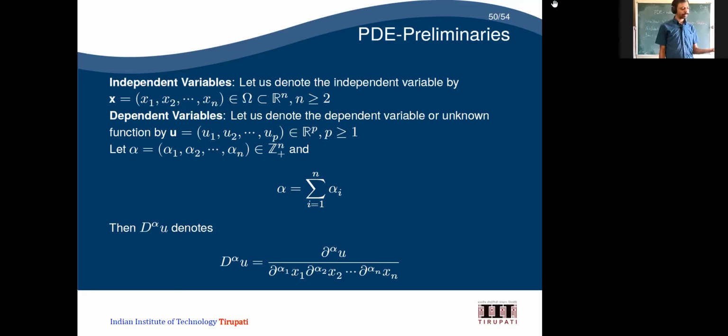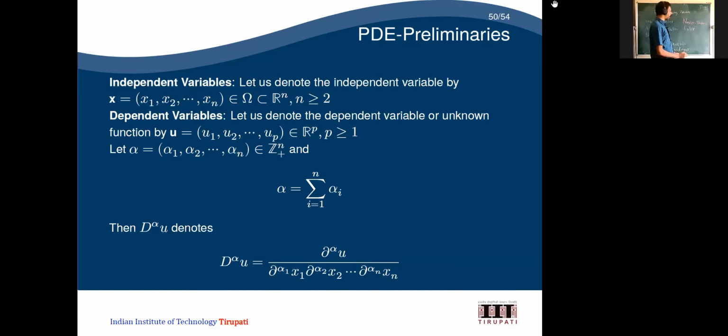So like this you can take many combinations. You take any such combination, and I am just taking it as some alpha. That is a multi-index. Now I can define D alpha u, which is nothing but dou alpha u divided by dou alpha 1 x1, dou alpha 2 x2, dou alpha n xn.